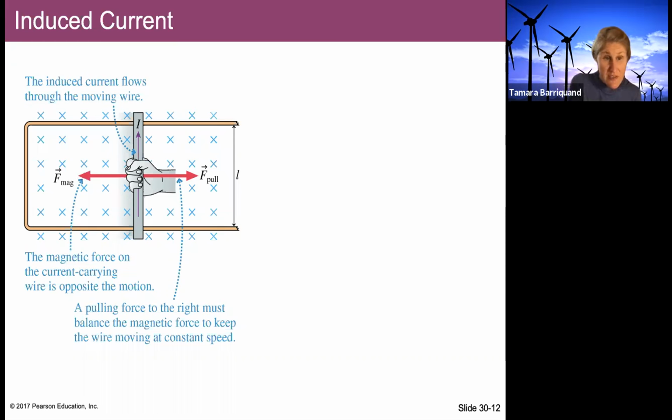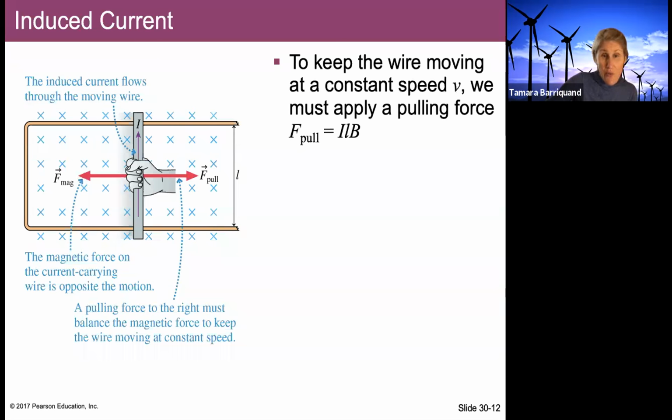It's always opposite the direction of motion because it's qv cross B. And so we have this magnetic force on the current carrying wire that's opposite the motion. And so in order to keep the wire moving at a constant speed, we must apply a pulling force. Otherwise, we will be retarded. That retarding force will slow down our wire and we won't keep moving.